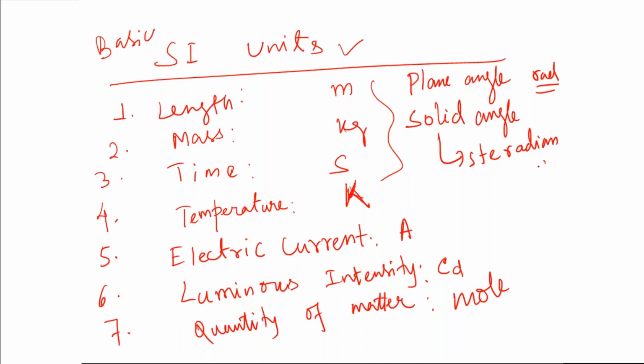So plane angle and solid angle. You can understand there are almost 9 quantities which are taken as fundamental units in the SI unit system.